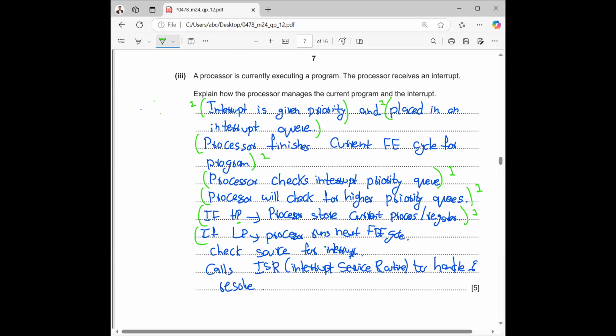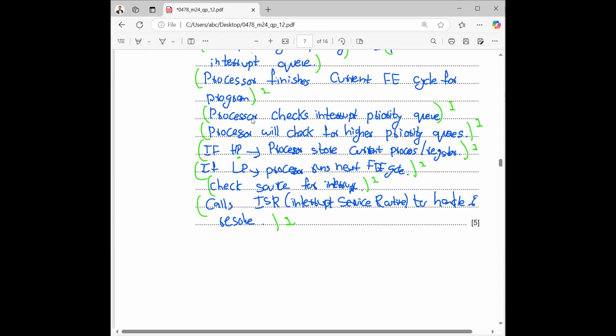If it's lower priority, it goes to the next fetch decode execute cycle, checks for the source of interrupts and calls the ISR. So this is how you can write the answer for the interrupt service routine. Do you have any confusion in this? You just need to write the 5 points. I have written more than that, so it's easy for you.